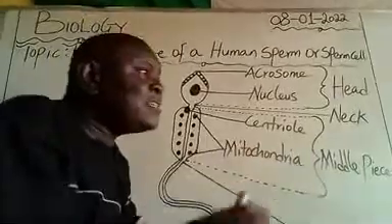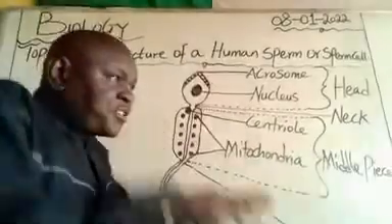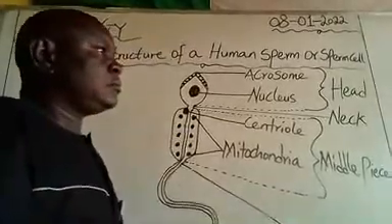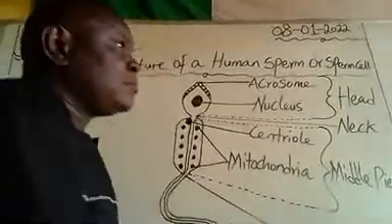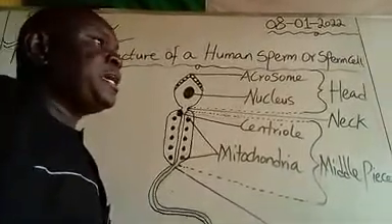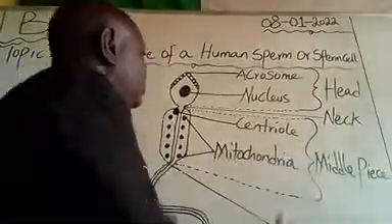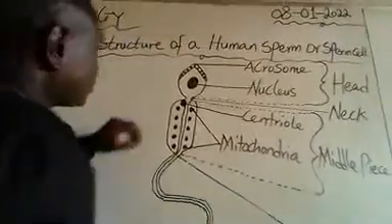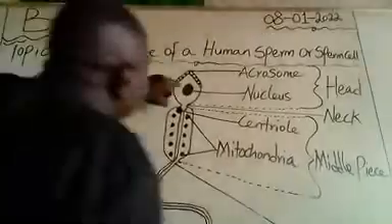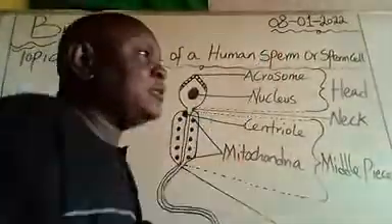Chromosome contains deoxyribonucleic acid, DNA. DNA contains hereditary information in a code form. The nucleus of the sperm and the nucleus of the egg will fuse together.